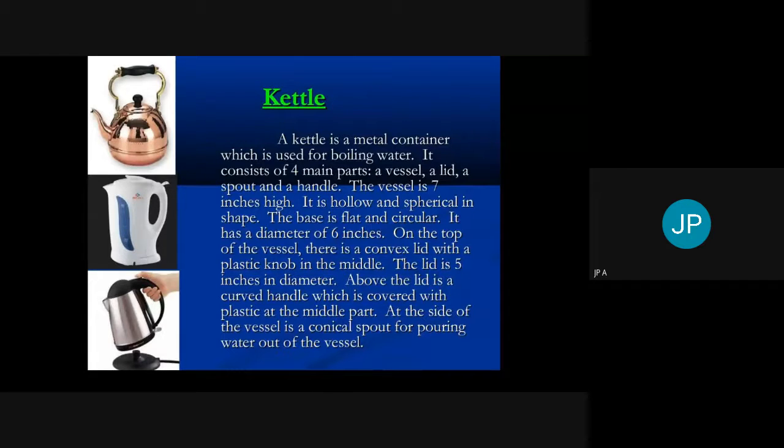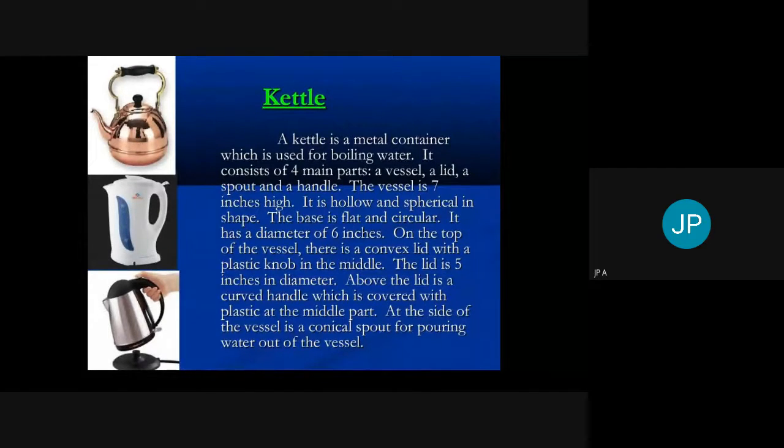So what are the different things that we describe? First we describe the definition or use. Then we describe the parts. Then we describe the shape of the parts. Then we talk about the measurements.